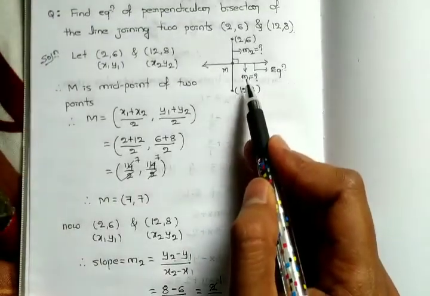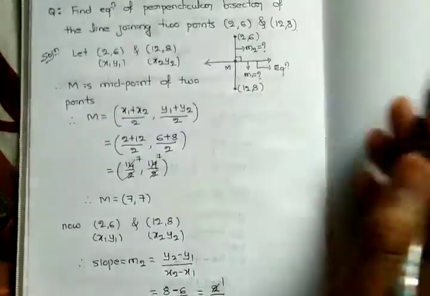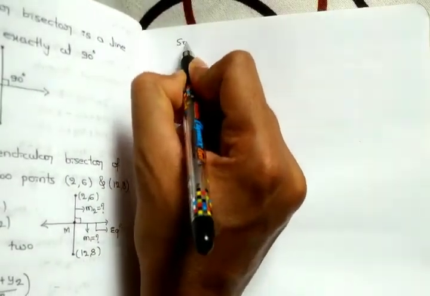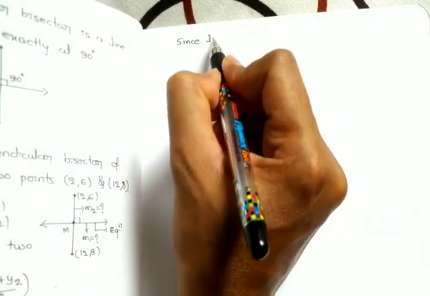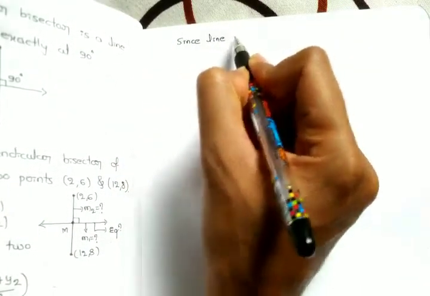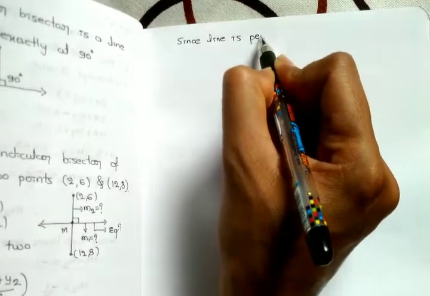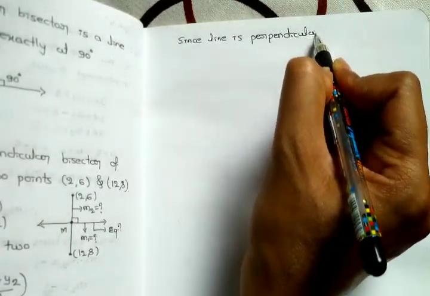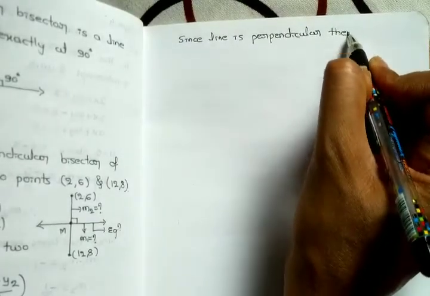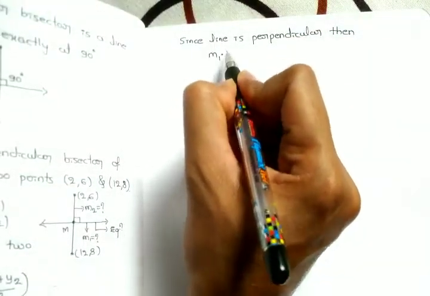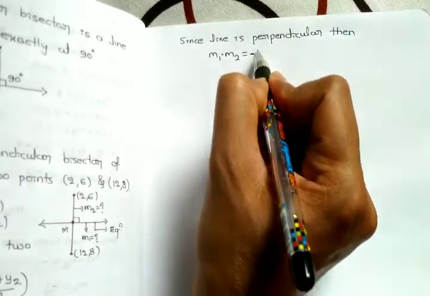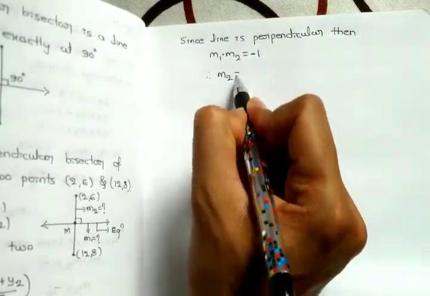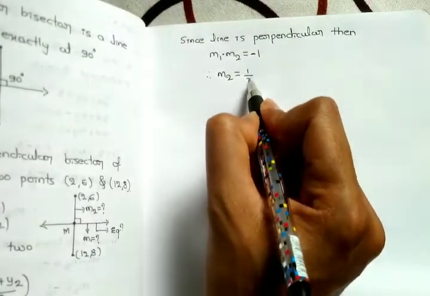Once you get the m2 value, next we need m1. How to get this m1? Using the perpendicular condition. Since the lines are perpendicular, m1 times m2 is equal to minus 1. You already know m2 is 1 divided by 5.